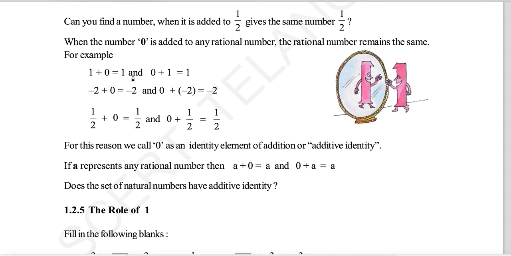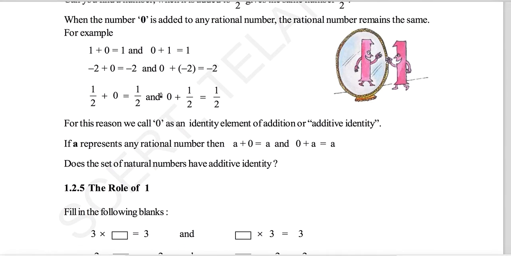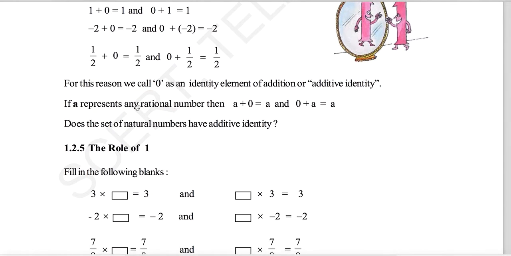That is, 1 plus 0 is 1, 0 plus 1 is 1, minus 2 plus 0 is minus 2, 1/2 plus 0 is 1/2. For this reason, we call 0 the identity element of addition, or additive identity. If a represents any rational number, then a plus 0 and 0 plus a equal a.